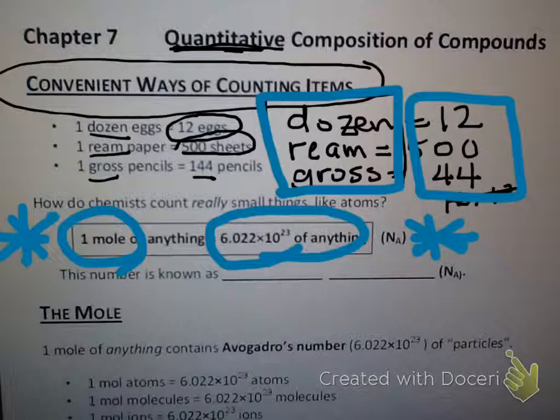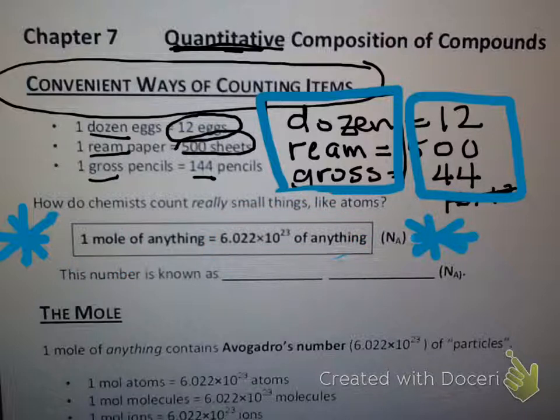This fraction that we have here, we'll call it a conversion factor. Because a mole of something is 6.022 times 10 to the 23rd of anything. That conversion factor is called Avogadro's number, after the person who described it.